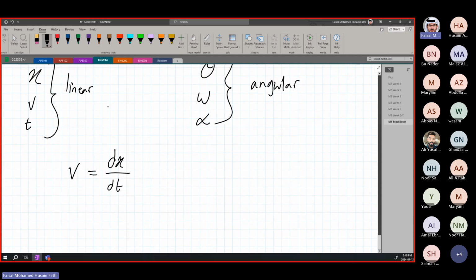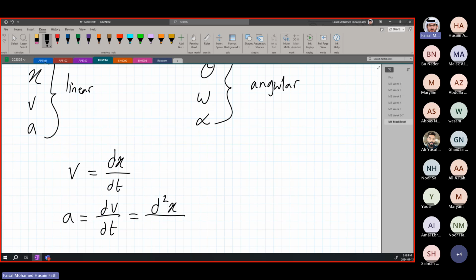And this is acceleration. Acceleration is dv by dt, or it's d2x, the second differentiation of x by dt squared. And you're differentiating x twice. So you're always going in this way, you're going to differentiate. And the opposite way, you have to integrate.